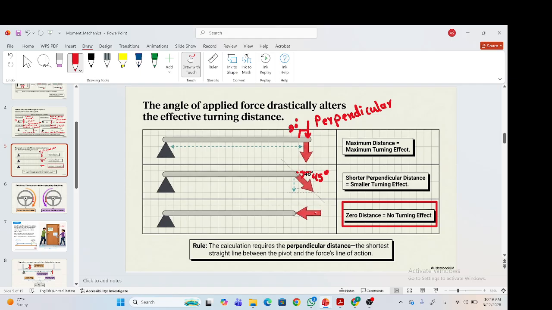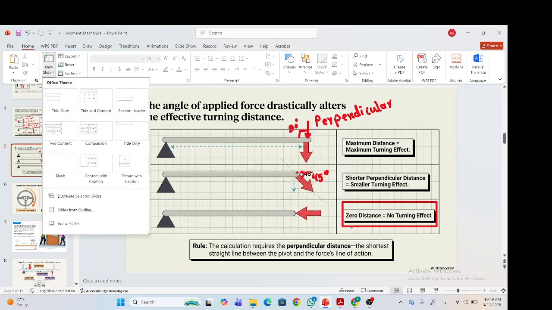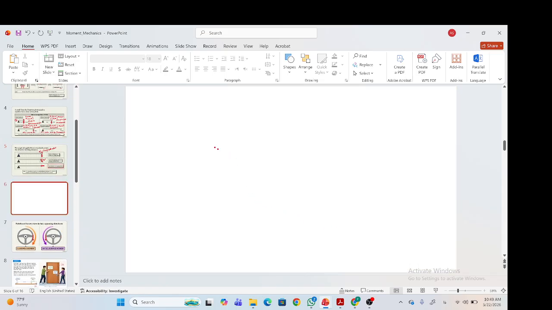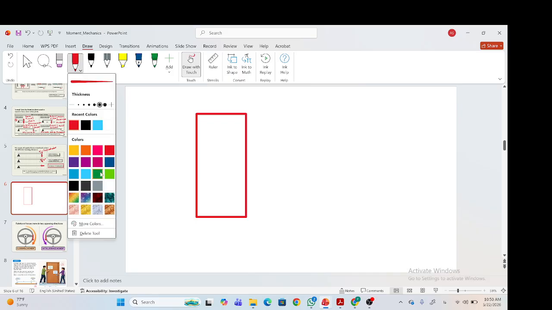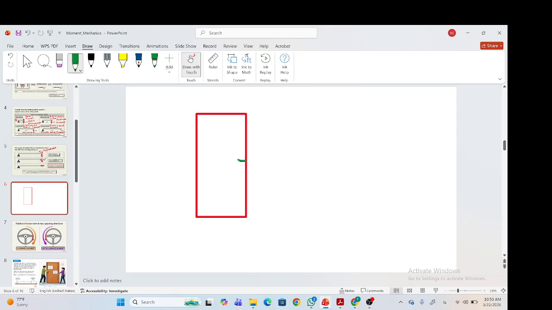This is the case. Now let me draw one graph for you, then let me explain here. For example, this is the door. Let me draw with different colors. So here is the handle of the door.